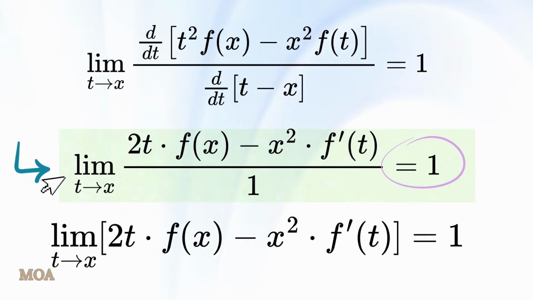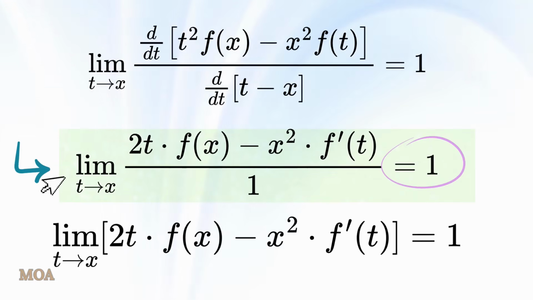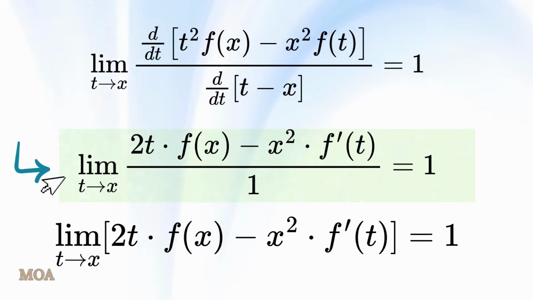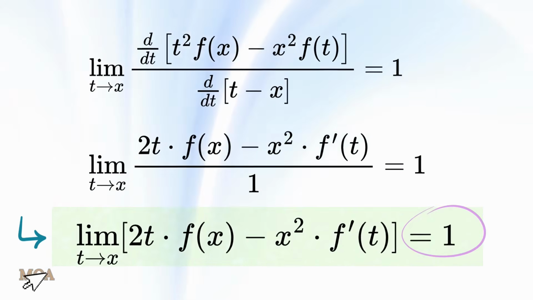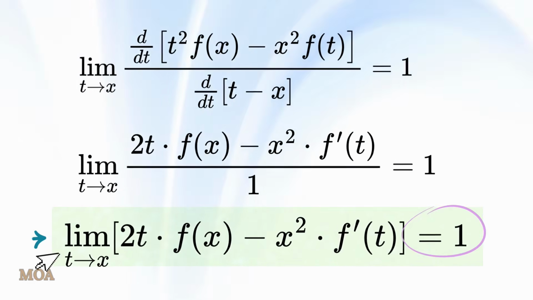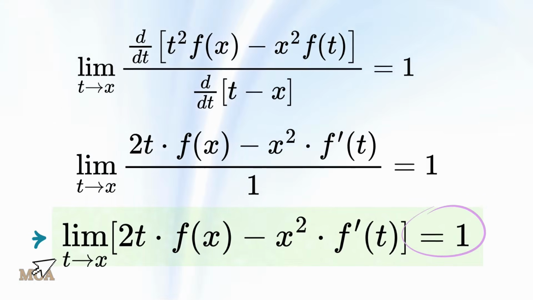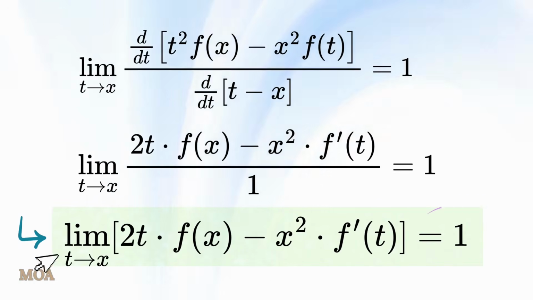This gives the limit as t approaches x of the quantity 2t times f of x minus x squared times f prime of t, all divided by 1, equals 1, which can be expressed as the limit as t approaches x of the quantity 2t times f of x minus x squared times f prime of t equals 1.